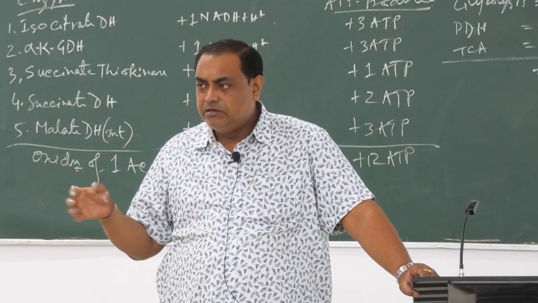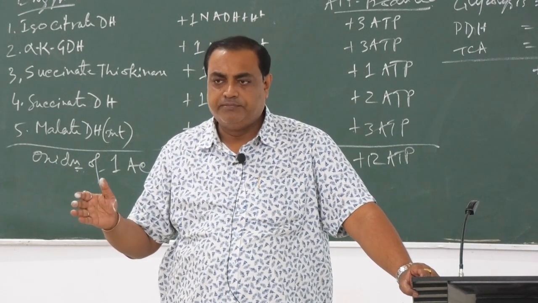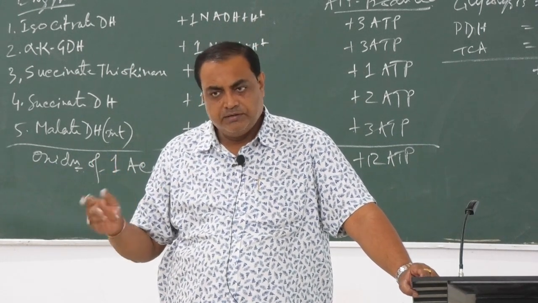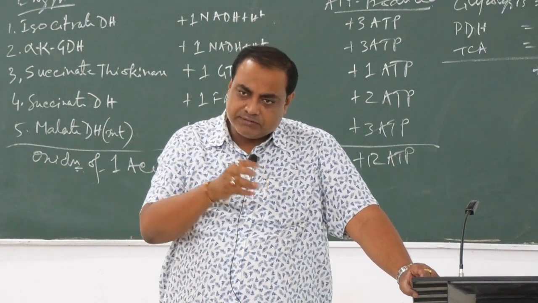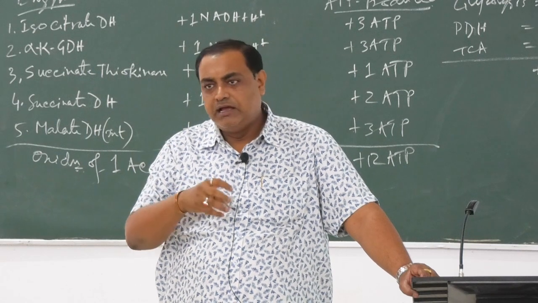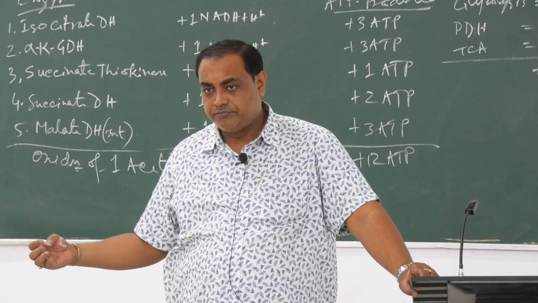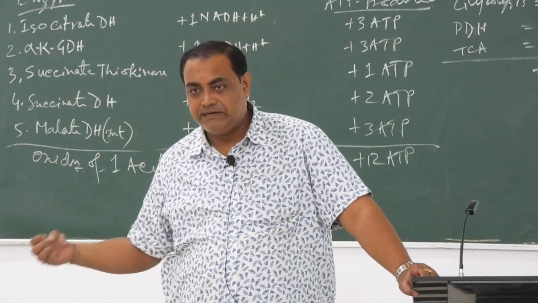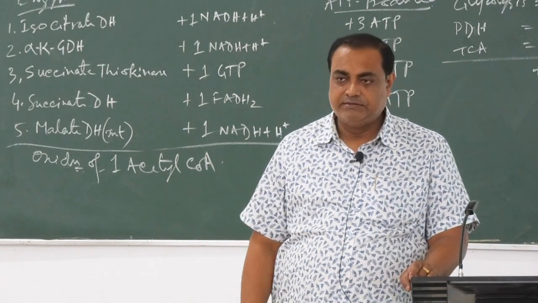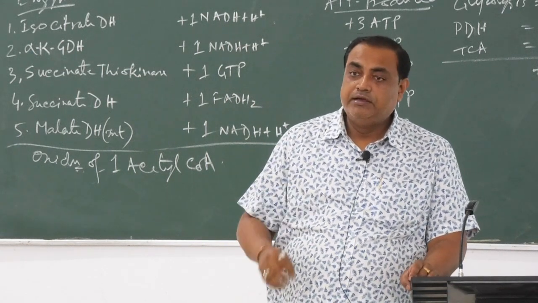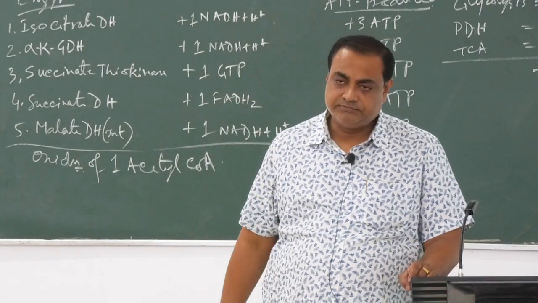Malate aspartate shuttle transports electrons from NADH to NADH, from outside to inside mitochondria. Clear? The glycerol 3-phosphate shuttle does it a little bit differently. It takes up electrons from NADH outside and gives them back to FADH2 inside. FADH2 inside. Glycerol 3-phosphate shuttle.